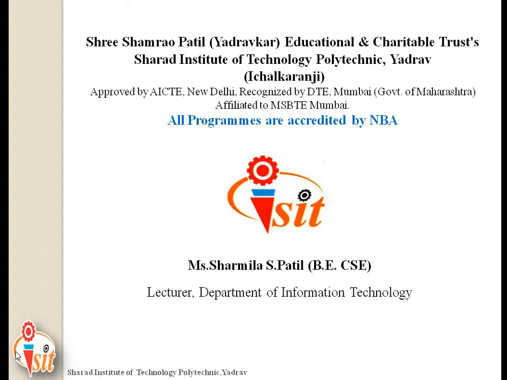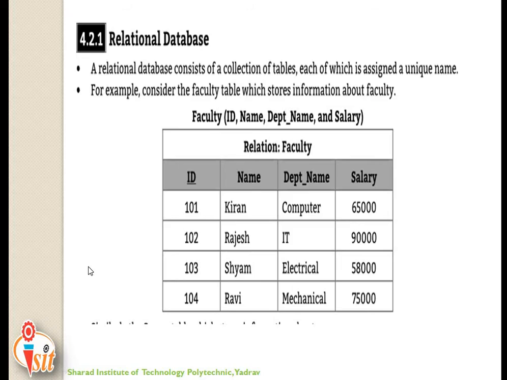And today we will start 4.2, that is relational database and relational database schemas, entity integrity, referential integrity and foreign key. The first point is relational database. What is a relational database? You all know what a relational database is.